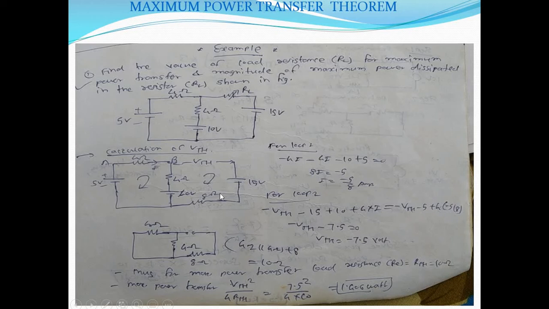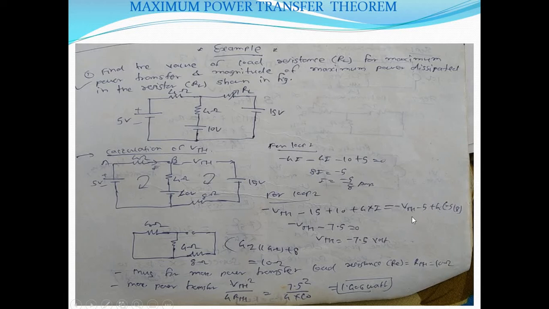Then here it will be plus 10. Here the current through the 8 ohm will be 0. That's why its voltage drop will not be considered, because this is the open circuited terminal. That is plus 10, plus, because of this closed loop, the current is flowing through the 4 ohm, and that voltage will be 4 into I.